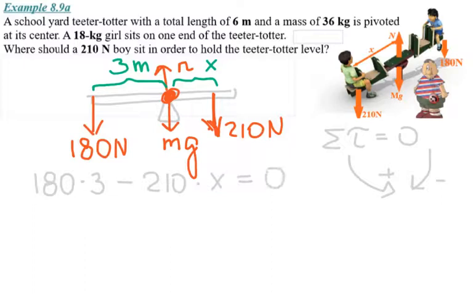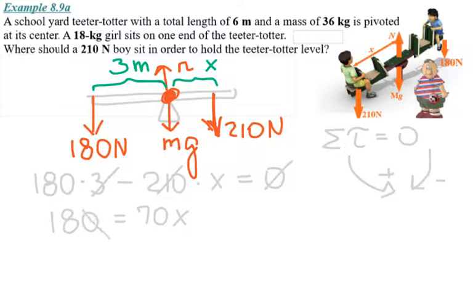And that is equal to 0 because the sum of all the torques acting on the object will be equal to 0 because the object is not rotating. And then I can divide every single term by 3, so I have 180 equals 270x. I move it to the other side.